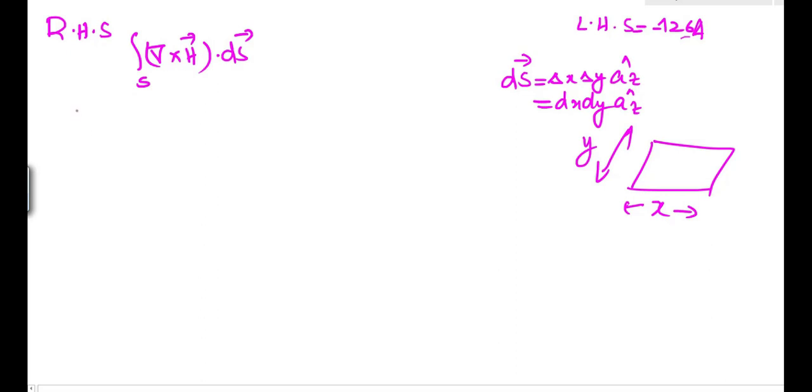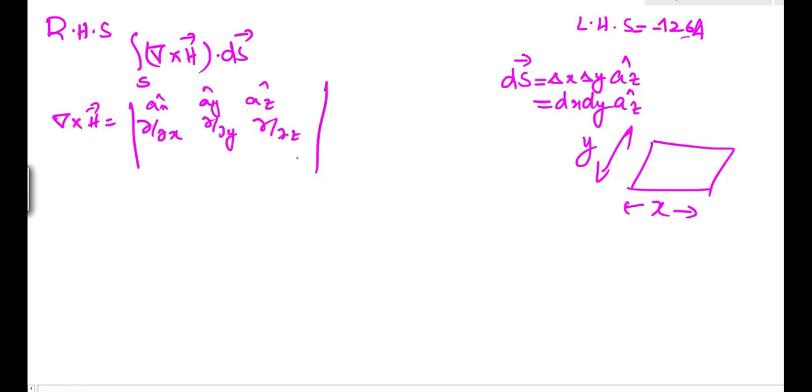So coming now to the del cross H, we can write the del cross H as the determinant with ax, ay and az, partial by partial x, partial by partial y and partial by partial z, and the components of H, which are 6xy, minus 3y square, and 0.